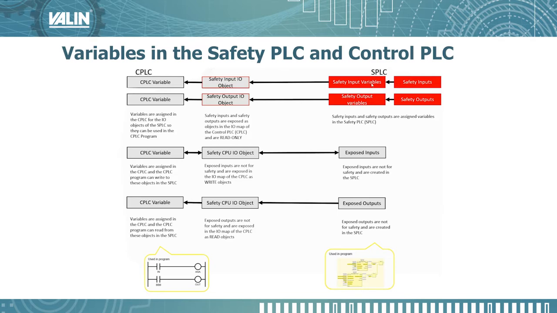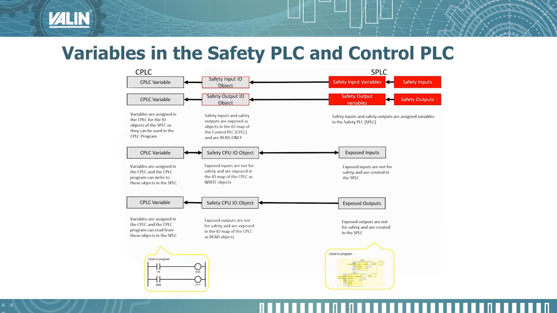At the same time, these safety inputs and safety outputs are exposed to the I/O map of the control PLC, and you'll see them in the I/O table. I'll show you that in a little bit, but you also create variables for them in the control PLC so that you can use those objects to monitor what's going on with your safety PLC. So, we could have an E-stop physically connected to the safety input. We give it a variable name called E-stop in the safety PLC.